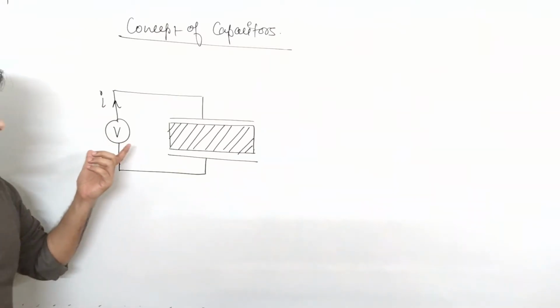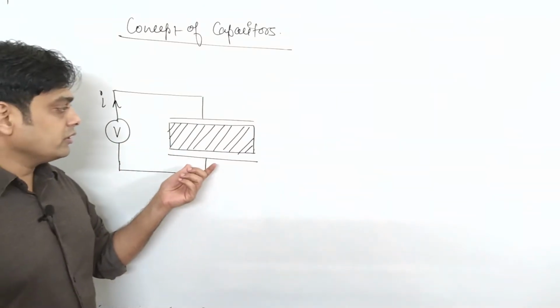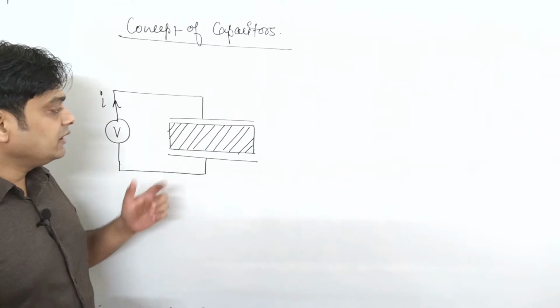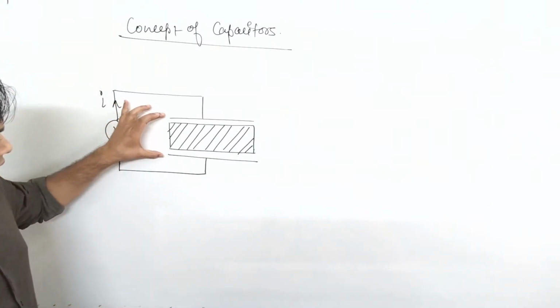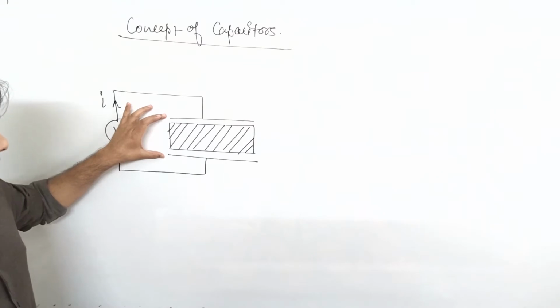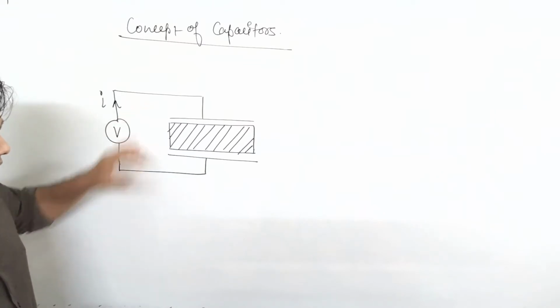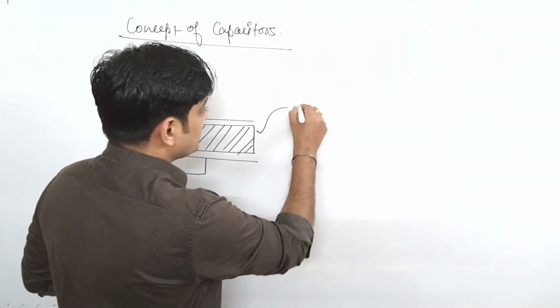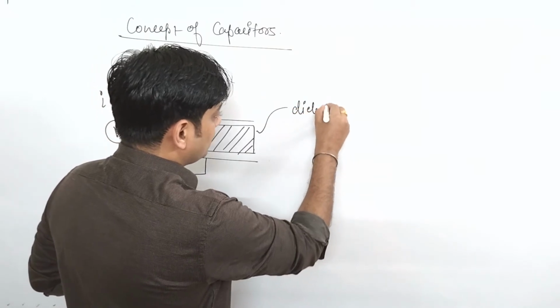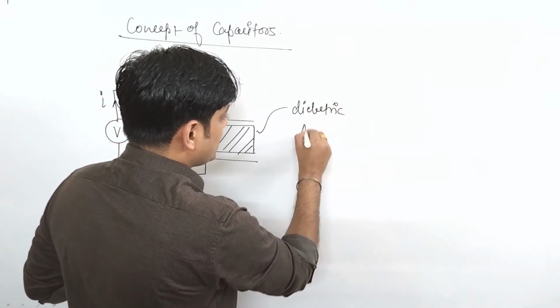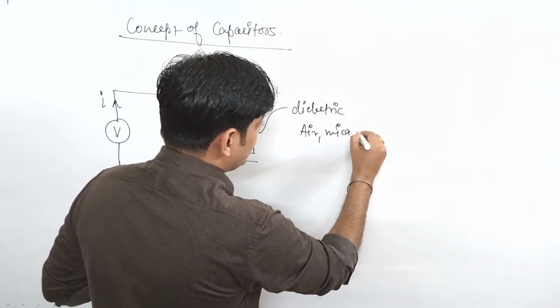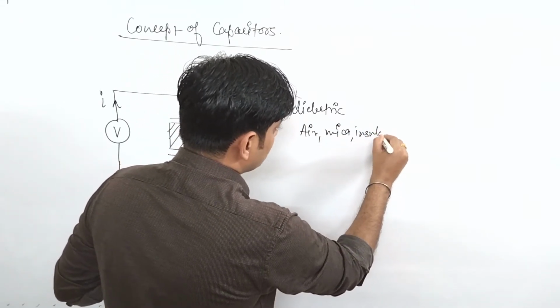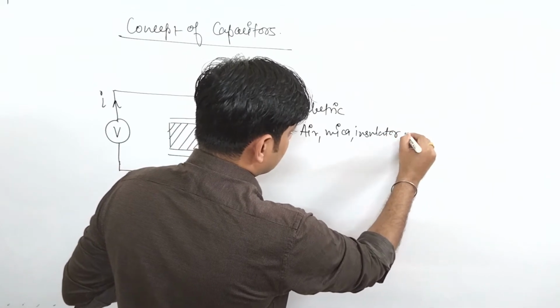Now friends, we will see more concepts of the capacitor and try to understand. As I said earlier, this is two conducting plates, and between these two plates there exists a dielectric. This dielectric may be air, may be mica, may be an insulator, and so on, depending upon the property.